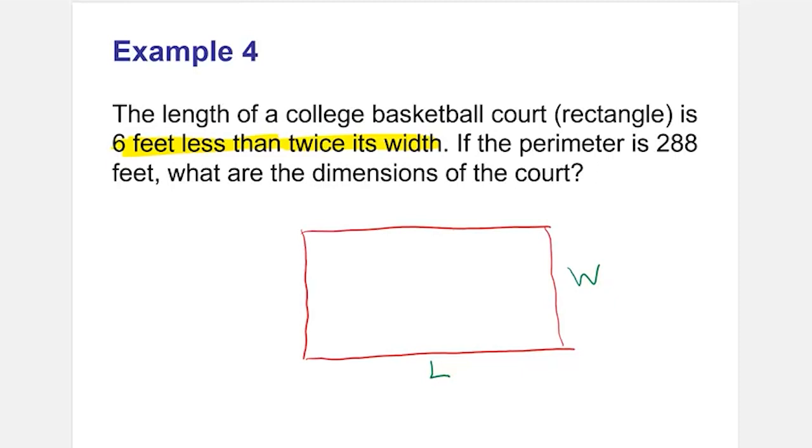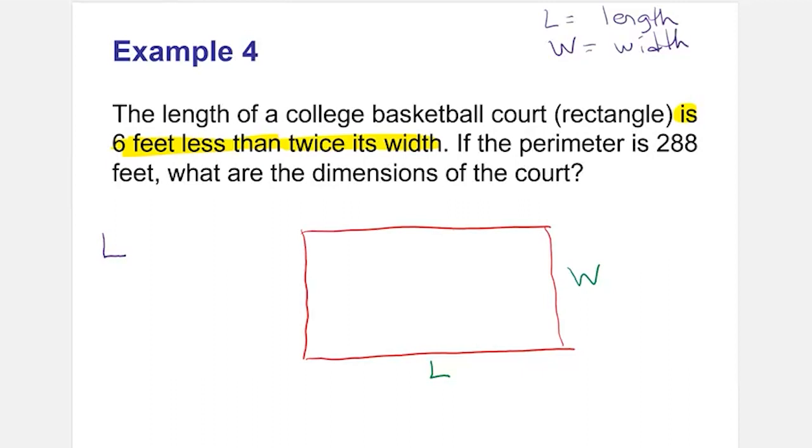Okay, so we can see that we have an equal sign because of the word "is" here. So we can say that L is length, and I'm going to call W width.